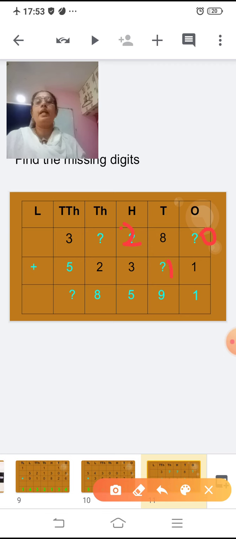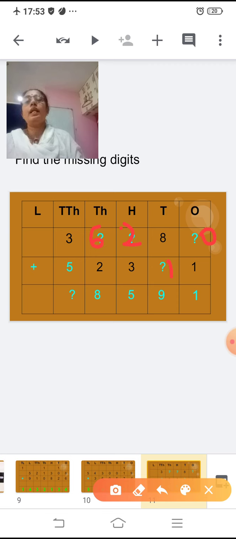Now coming to the thousands place. Again here the number 8 is bigger than 2. Correct? So you can easily find out which number added to 2 will give you 8. So it is the number 6. Now 6 plus 2 will give you 8, or you can subtract 8 minus 2 to get the first addend.